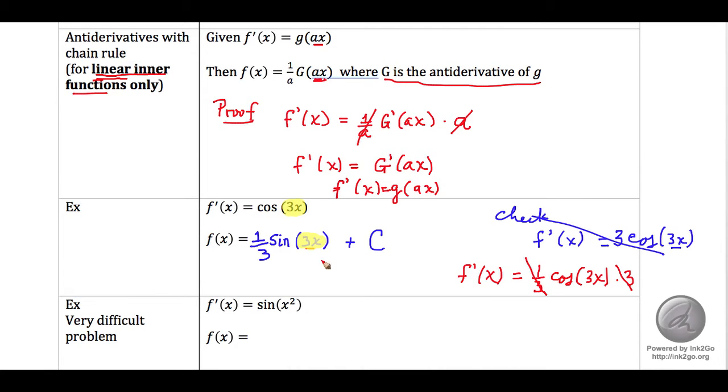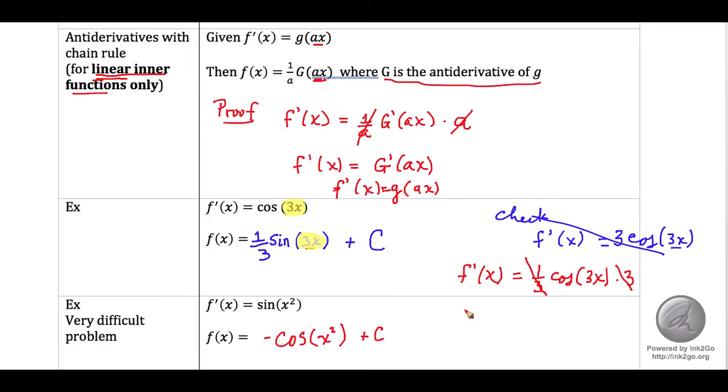So let's say that I have a function whose derivative is sine of x squared. What would be its antiderivative? Well, naturally, you want to guess negative cosine of x squared plus a constant.